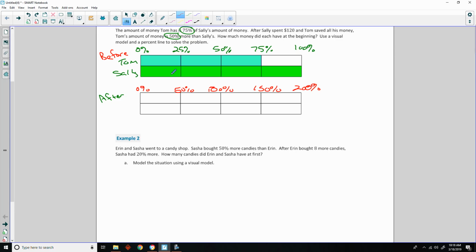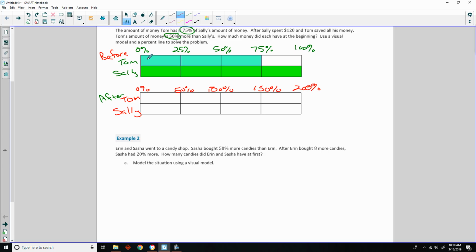Okay, so now we're going to shade these in. Well, after, I'll put Tommy on top again, Tom first, and then Sally, I'll write down here. So Tom's money is now 50% more than Sally's. So Sally's money is still going to be 100%. Her money, we're going to consider her money as being 100%.